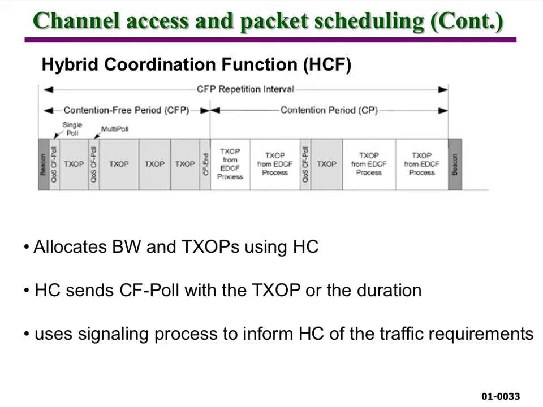But of course, in order for me to allocate these traffic opportunities, what do I need before this? I send a poll. The poll signal will ask a certain node to send. Okay? What is the prerequisite of this? I need to know the requirements of this node, right? Because first I have to collect information based on which I can allocate these traffic opportunities.